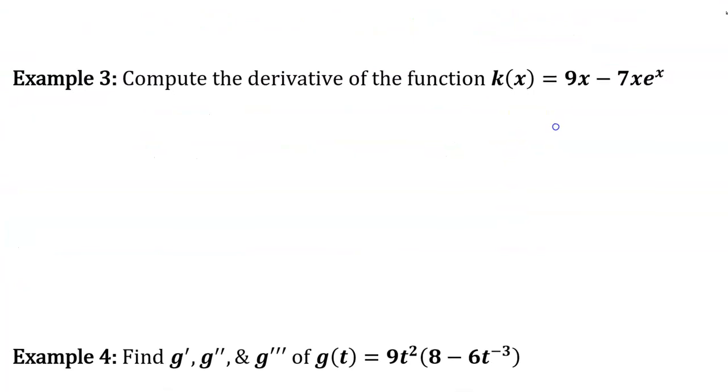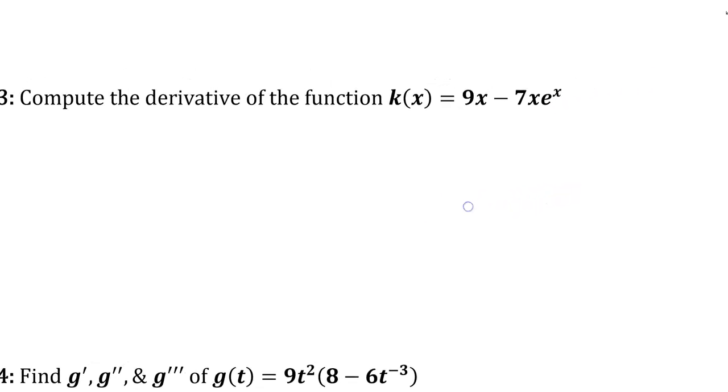So we have this lovely function, 9x minus 7x e to the x. Okay, well this has more than just the individual pieces here, because if we look at it in a certain light, k prime of x would be the derivative of 9x, and then the derivative of the negative 7x e to the x.